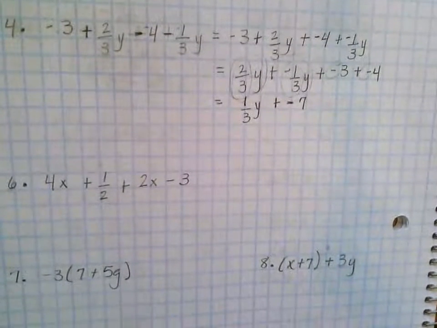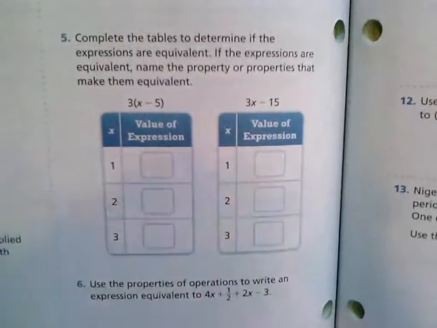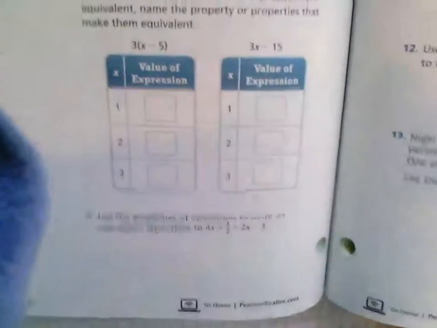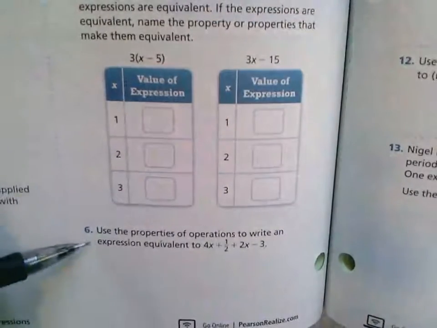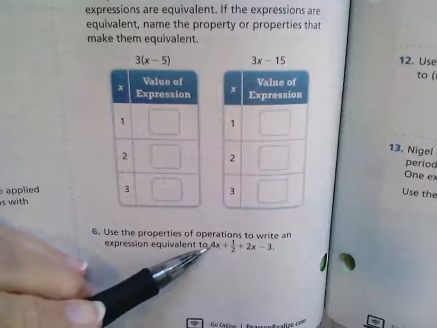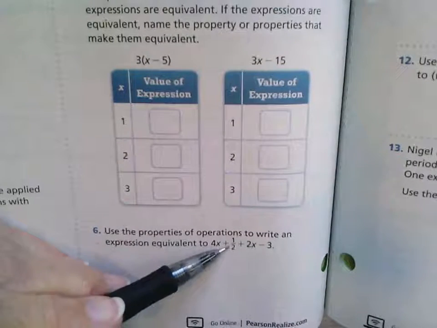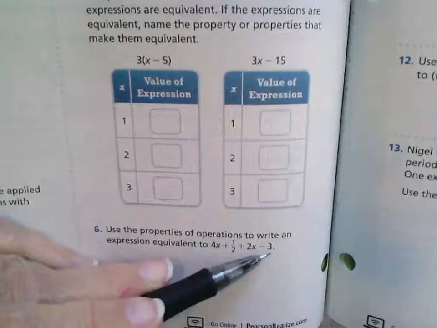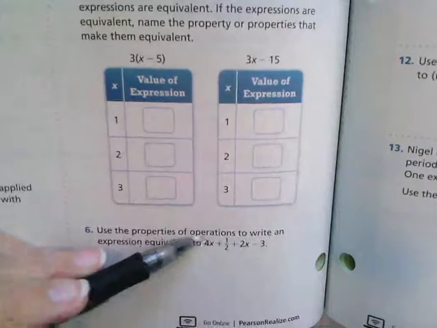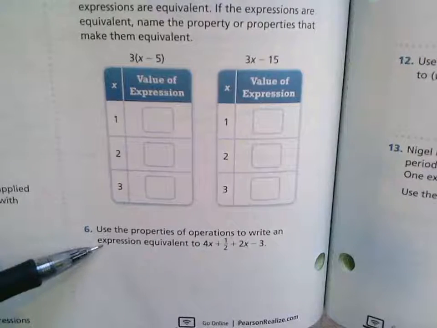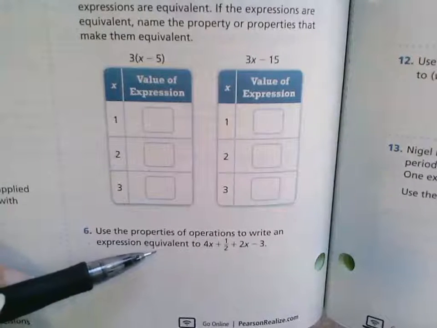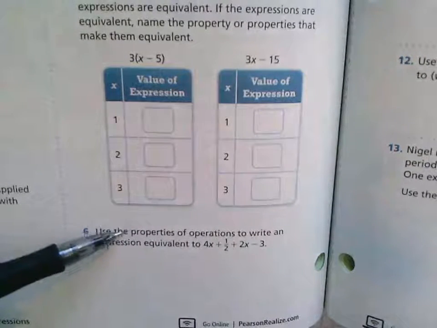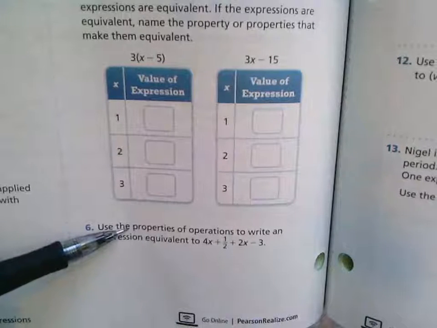Number 6. Use properties of operations to write an expression equivalent to 4x plus 1/2 plus 2x minus 3. Again, they're just asking for an equivalent expression for this one. And I can use any property that I want.